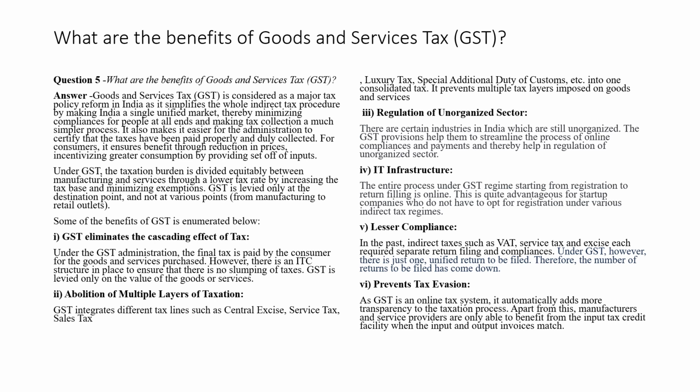Under the GST administration, the final tax is paid by the consumer for the goods and services purchased. However, there is an ITC structure in place to ensure that there is no slumping of tax. GST is levied only on the value of the goods and services.